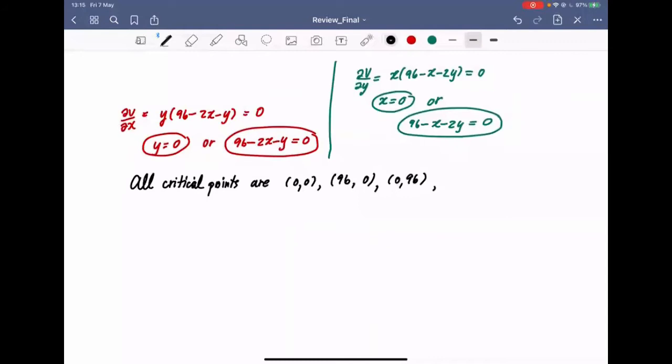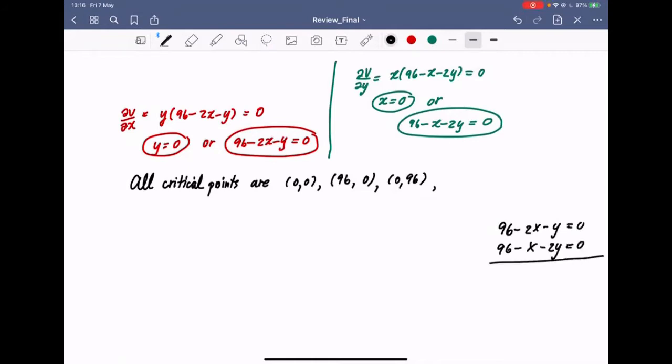Next is the last one. You can match this equation and this equation. Well, this looks too hard to solve by just eyeballing it, so you can use scratch paper here and try to solve for that. How do you solve these two equations?